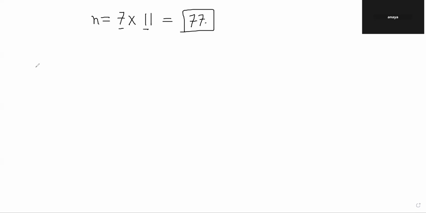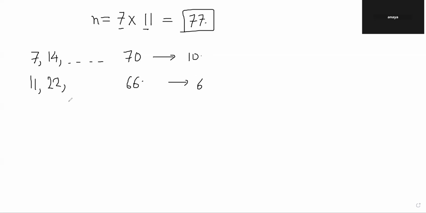Now here we cannot have 7, 14 till 77, till 70 because it must be less than n. Till 70, we can also have 11, 22 till 66. There are 6 here and there are 10 here.